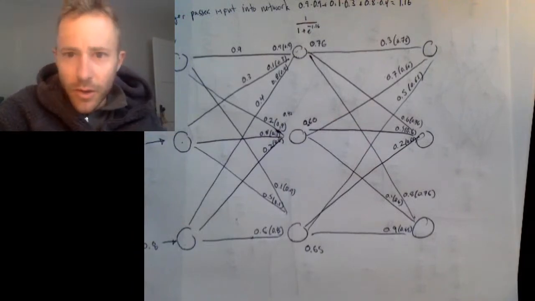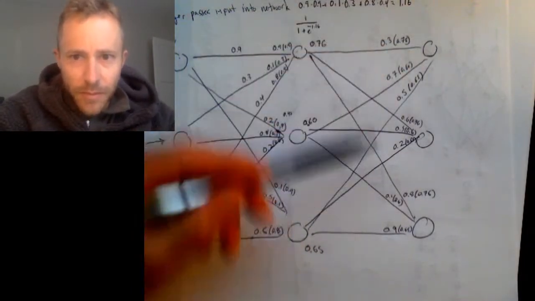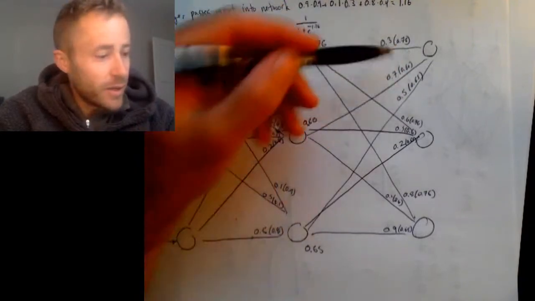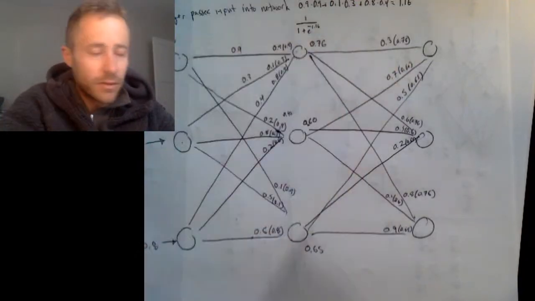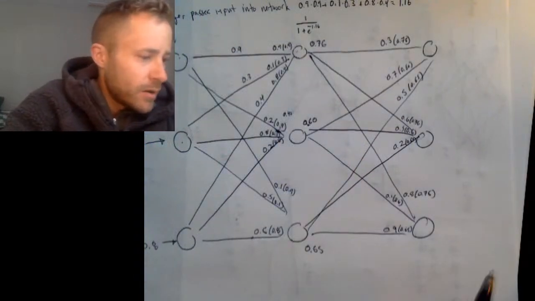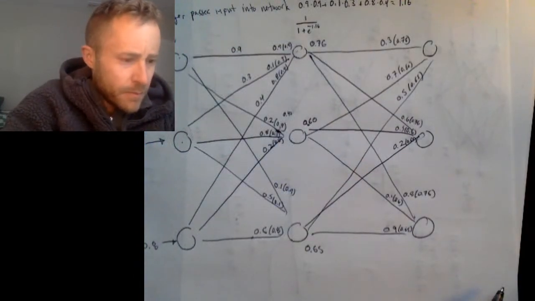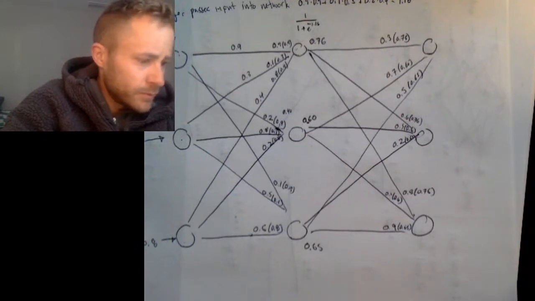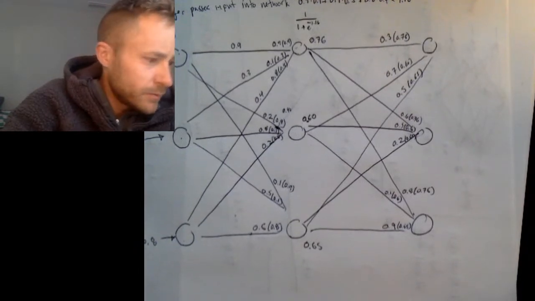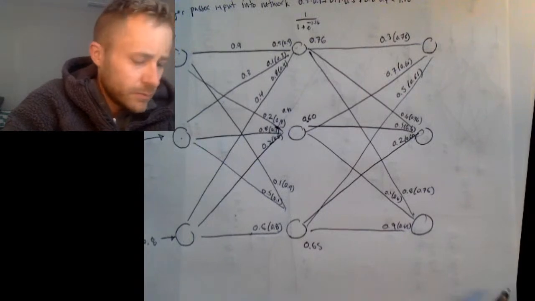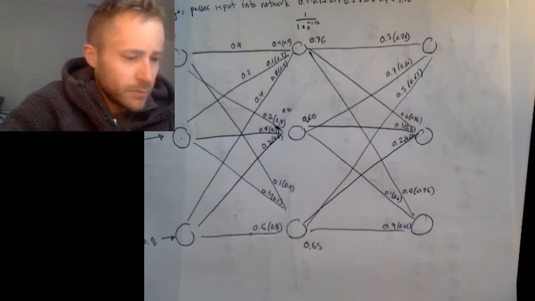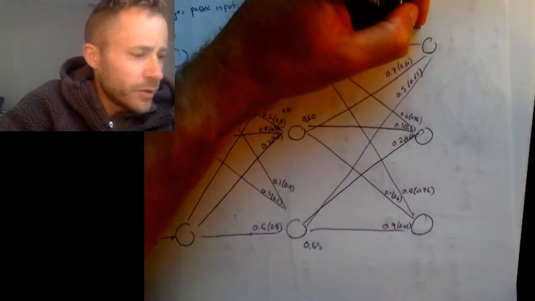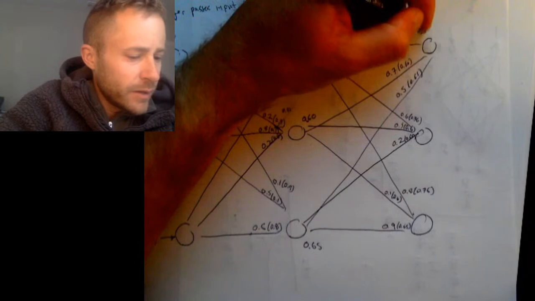Okay, so I just did all of those, and now I'm going to actually do these computations and add them up to get the input to the final layer. So this one has an input of 0.97.